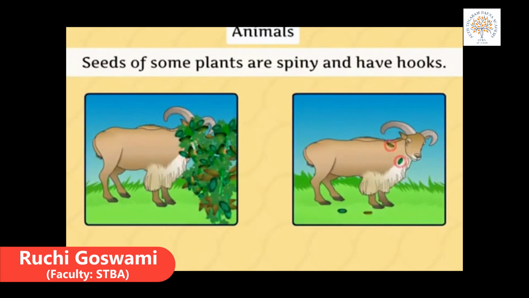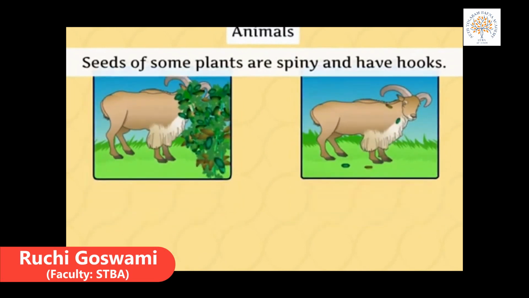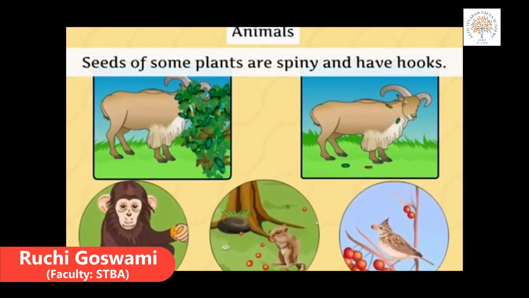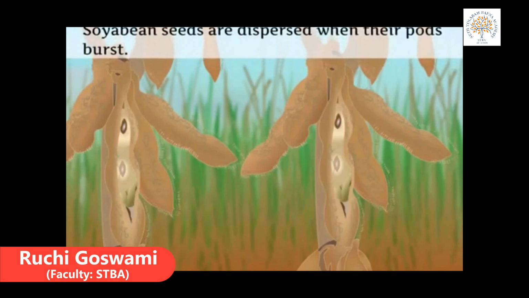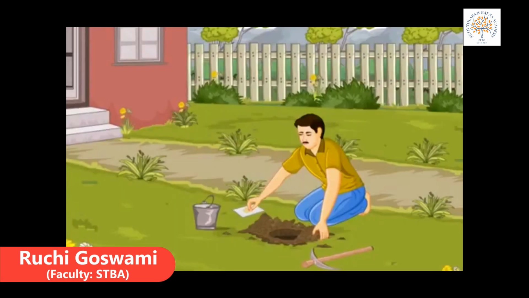They stick to passing animals and are carried to distant places. Moreover, some animals like monkeys, squirrels, birds, etc. eat fruits and throw their seeds at different places. Some seeds like soya bean are thrown out when their pods burst. Moreover, human beings also carry seeds from one place to another.